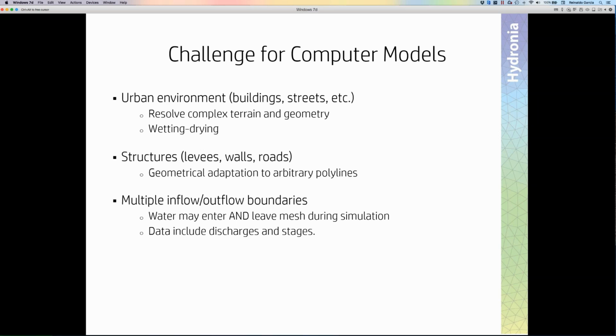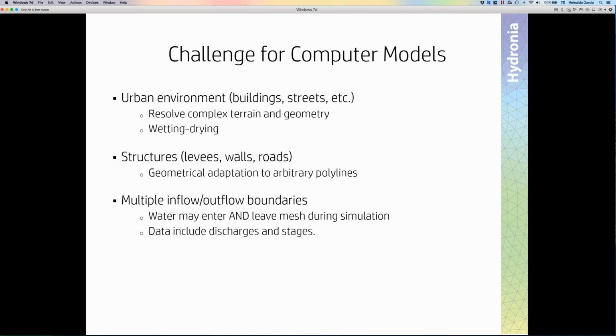Also, to simulate flooding in urban areas, you normally have multiple inflow and outflow boundaries, and water may leave sometimes, get out of the mesh, sometimes is entering the mesh, and the data should include not only discharges from rivers, but also stages from tidal records or storm surges or tsunamis or whatever the factor is.